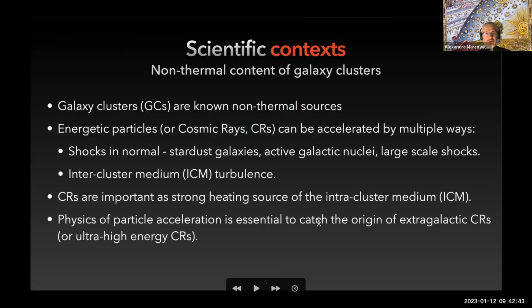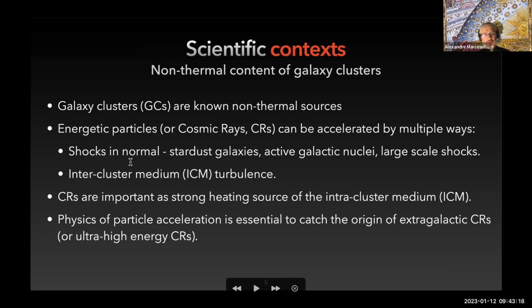So the scientific context of this talk is, as you understood, the non-thermal content of galaxy clusters. I will discuss how cosmic rays can be accelerated in these objects. They can be accelerated in multiple ways, let's say by shocks, which can develop in normal starburst galaxies, active galactic nuclei, and large-scale shocks, as just mentioned in the previous talk.